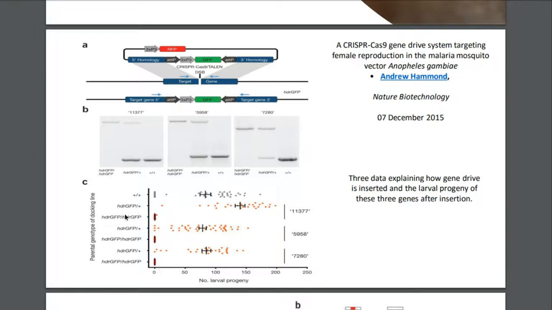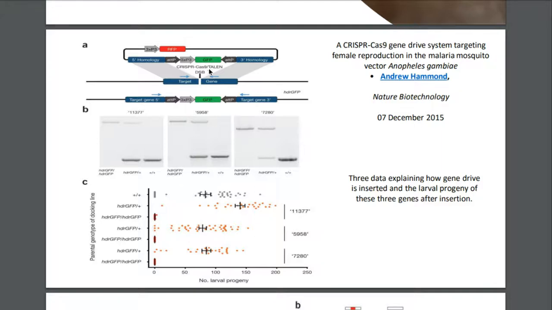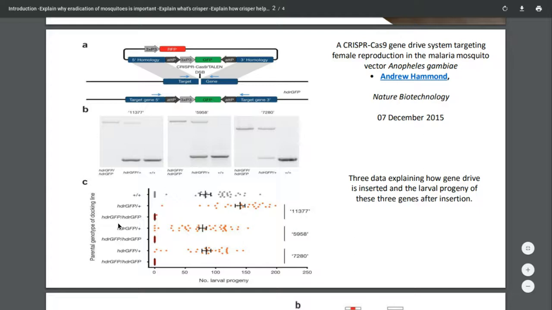But when they had the homozygous two copies of the edited genes, they were unable to lay eggs, which showed that they needed the Cas9 system in the sequence, because the Cas9 system inserts that specific sequence into all genes, so all genes would have the same sequence and it would be homozygous.